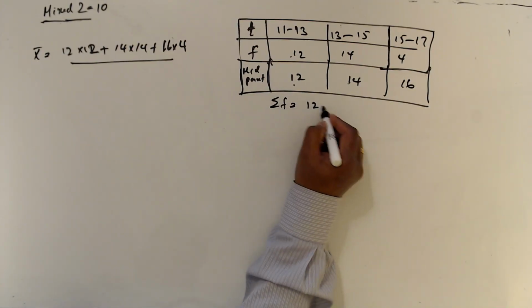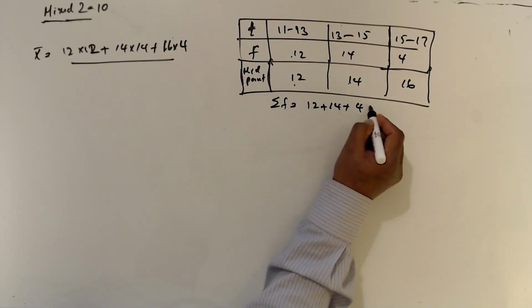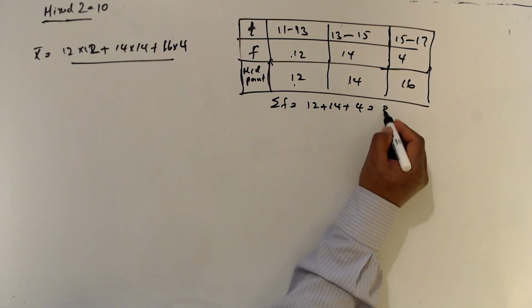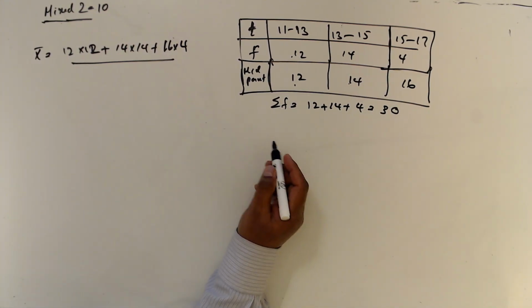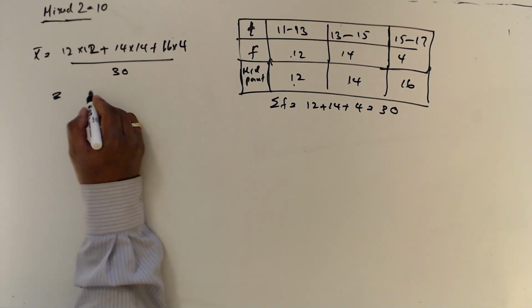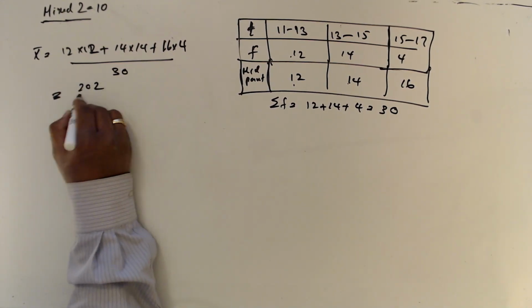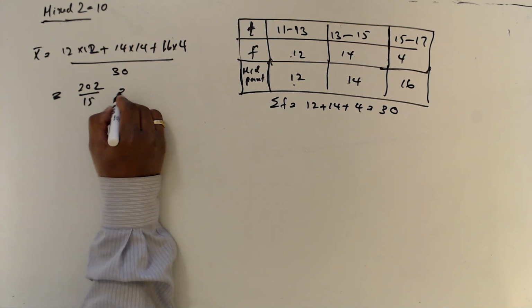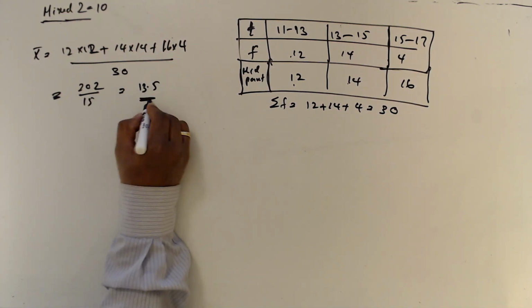Summation f is 12 plus 14 plus 4, 30. So divide by 30, you will get the answer 202 divided by 15, that is 13.5.